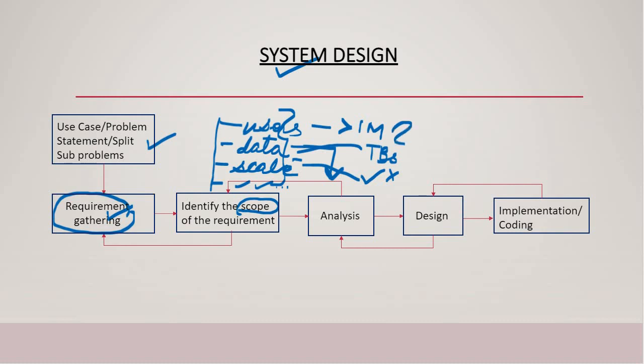So once this analysis has been done, then we can jump into the design part of it. I would suggest to get an overview of the latest technologies. Those technologies will help us getting a better design, and then jump into the implementation part of it.